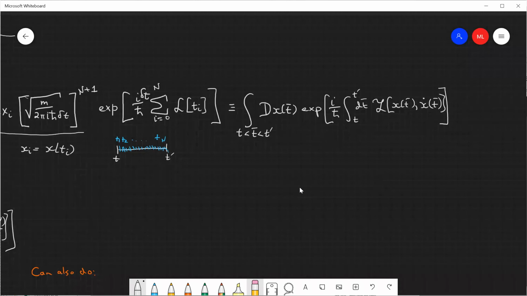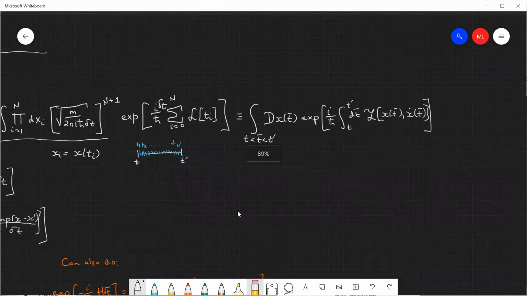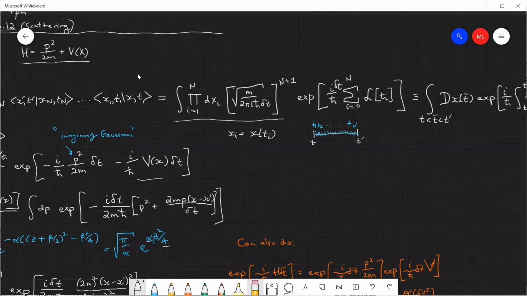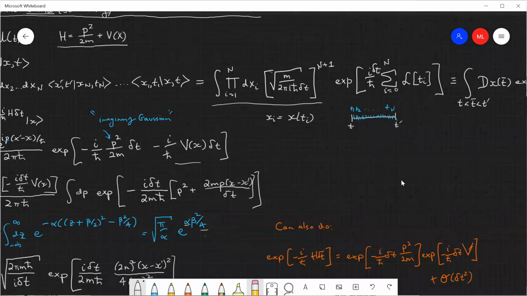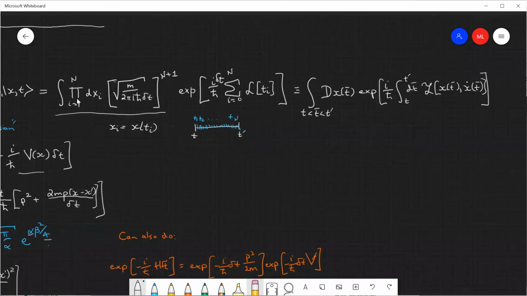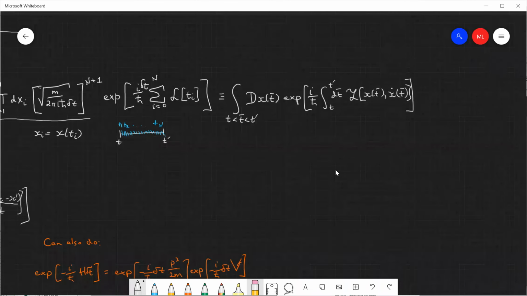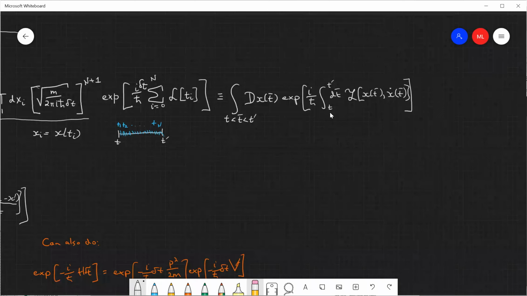So we have reduced now the computation of a propagator, which tells us how quantum mechanical states evolve in position representation, to a sum over all possible paths of that particle as it goes from time t to time t prime.